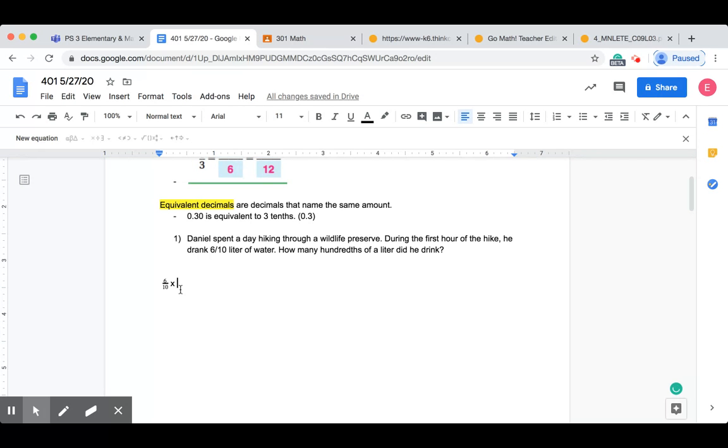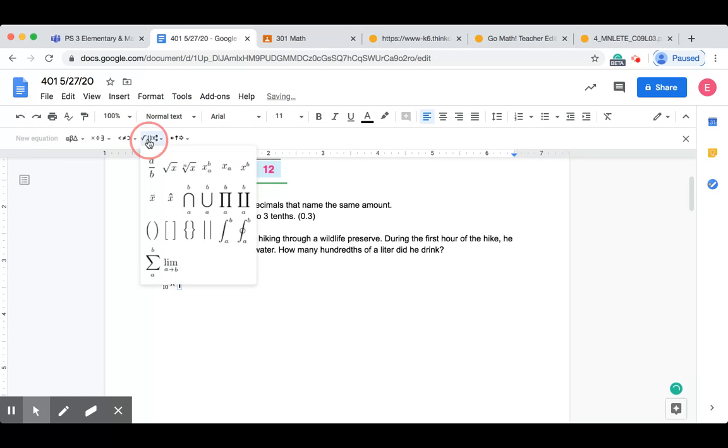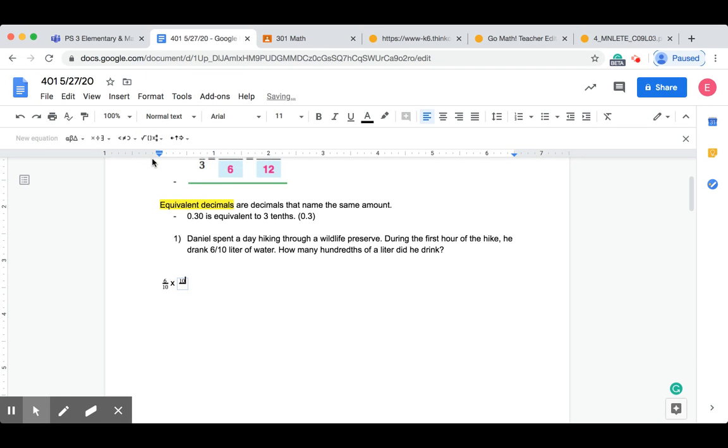We know that if it's a tenth, it's because the denominator is 10. So for it to be a hundredth, it means the denominator must be 100. So 10 times 10 will give me 100, but I will not just multiply by 10. I'm actually going to be multiplying by 10 over 10, because we know that whatever you do to the denominator, you must do to the numerator.